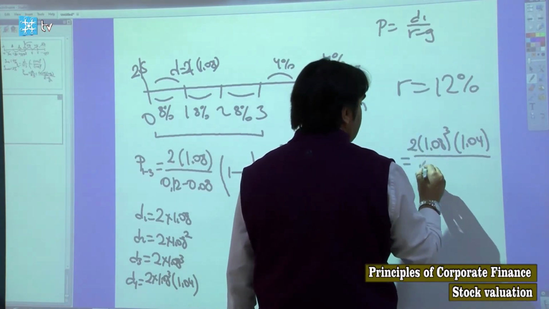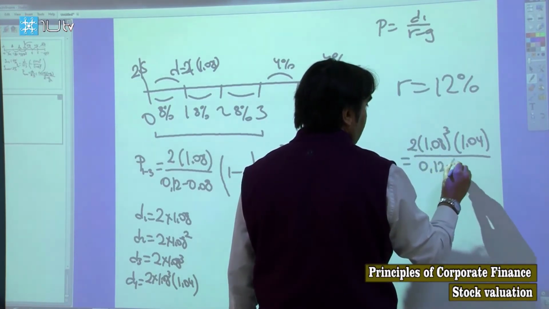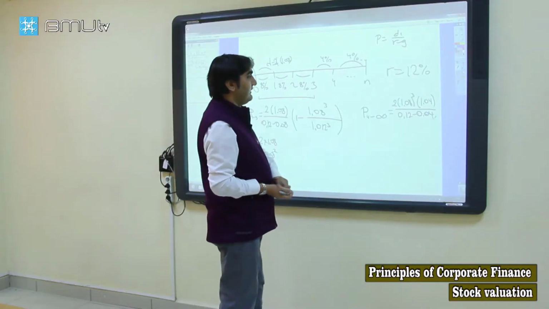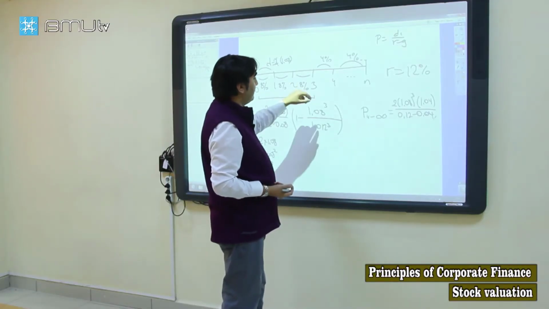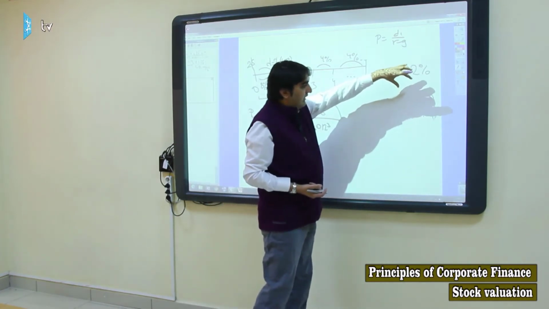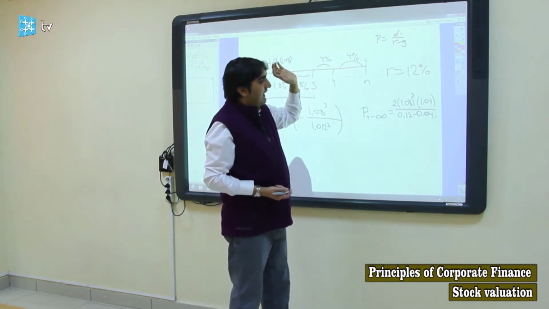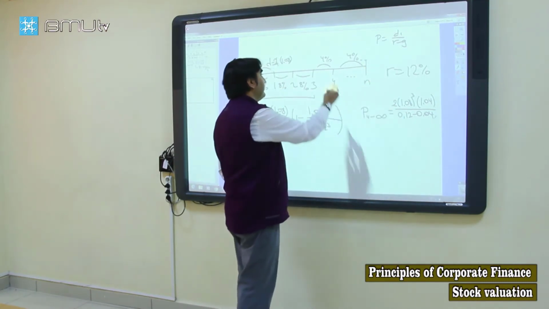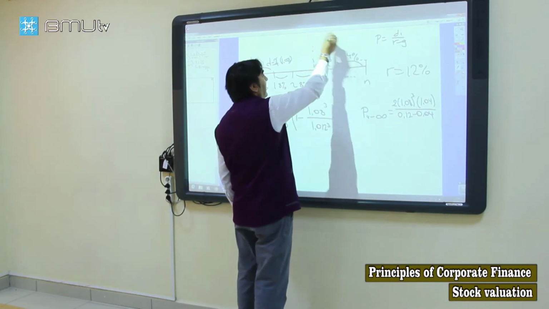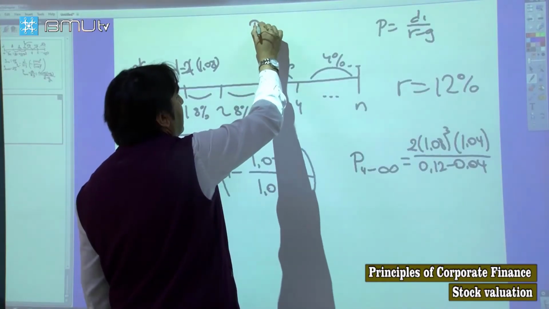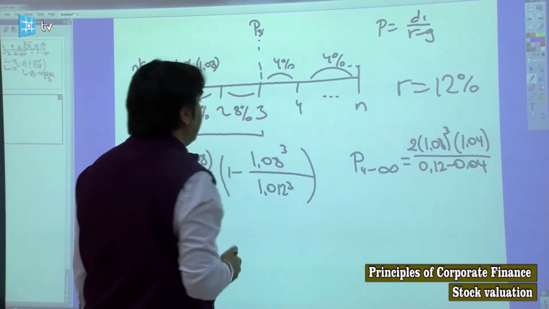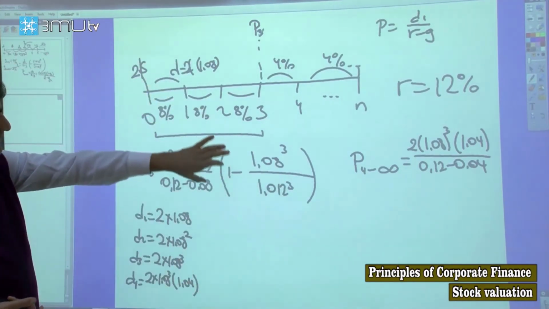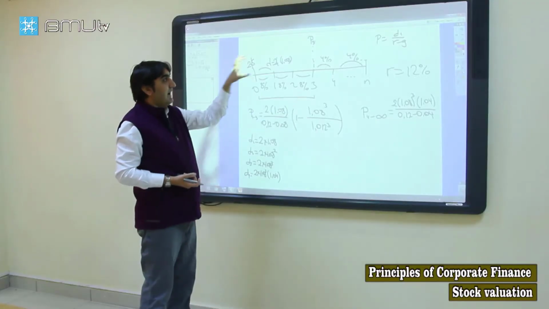This is 0.12 minus 0.04, that's 4%. So what we find here is the present value of this amount growing at 4% forever. We find the present value here in the third year, it comes to here, it becomes P3. So since we are at time 0, we need to discount it back to time 0.